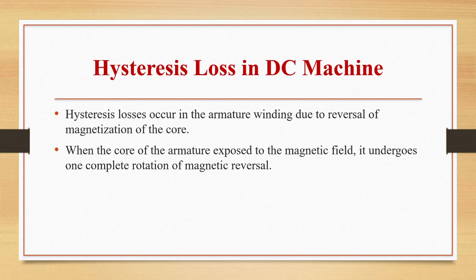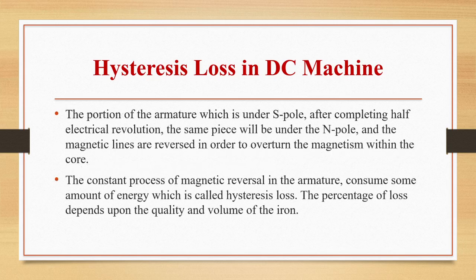When the core of the armature is exposed to the magnetic field, it undergoes one complete cycle of magnetic reversal. The portion of the armature which is under the south pole, after completing half an electrical revolution, will be under the north pole, and the magnetic lines are reversed in order to overturn the magnetism within the core.